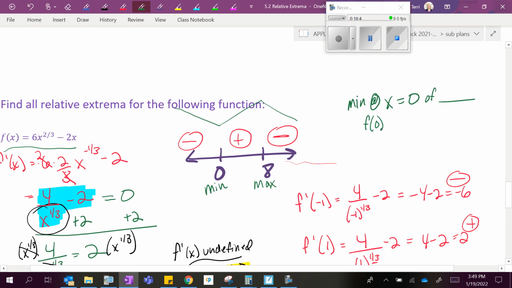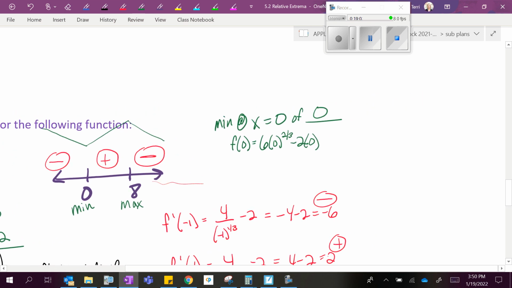So again, here's my original equation. 6 times 0 to the 2/3 minus 2 times 0. So that's going to be 0. So I got a min at x equals 0 of 0.